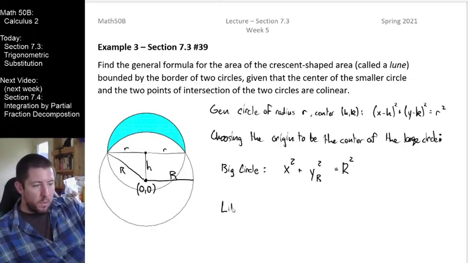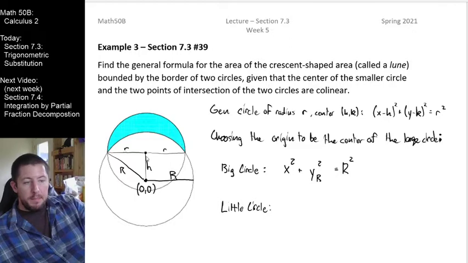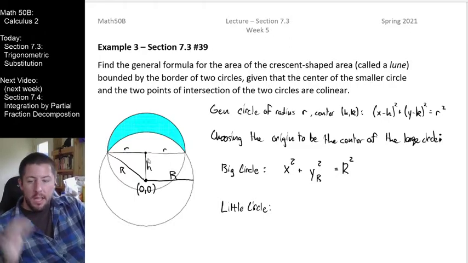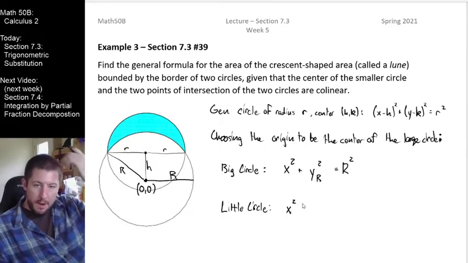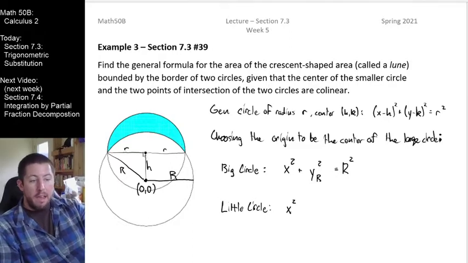Now for my little circle, we're going to have a little bit more going on here. The upper circle, the little circle. It seems like this location right here is still at an x value of 0, right? The center is centered at an x value of 0, so h is still 0, so I'm still going to get just straight up x squared there. But for my second term, the y value of the center of the small circle is no longer at 0.